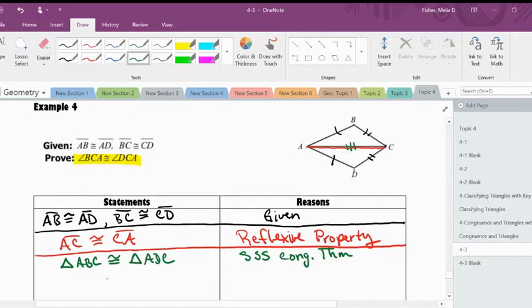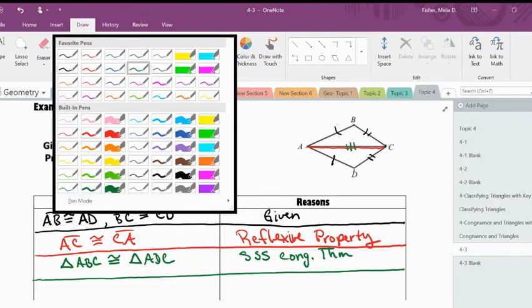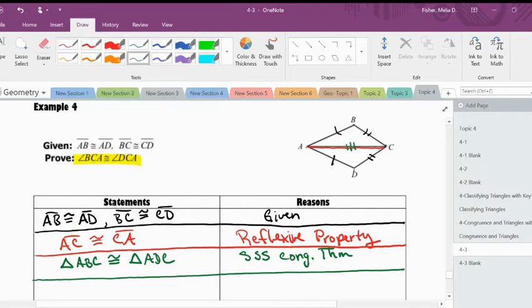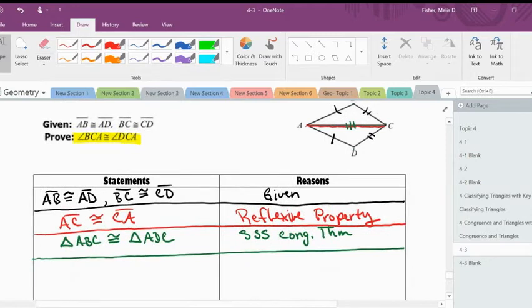But that wasn't what we were looking for. We were looking for, are the angles congruent? So now that I'm here on this part, I'm going to be able to say that yes, angle BCA is congruent to angle DCA.